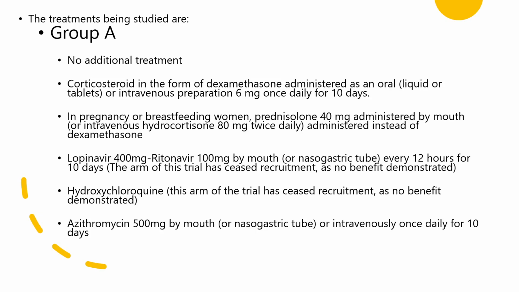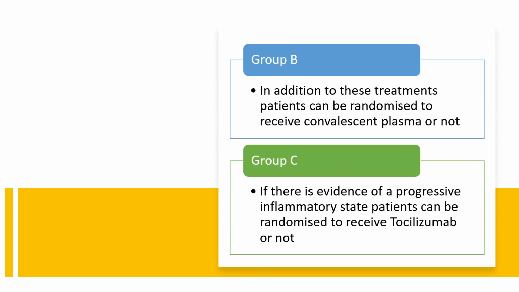This arm has ceased because there was no benefit demonstrated. And hydroxychloroquine was also ceased because there was no benefit at all. Azithromycin 500 mg by mouth, nasogastric tube or IV once daily was given for 10 days. Groups B and C included, in addition to these treatments, randomization to receive convalescent plasma or not.